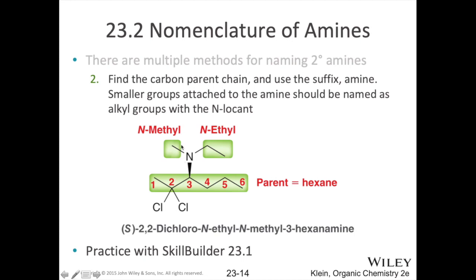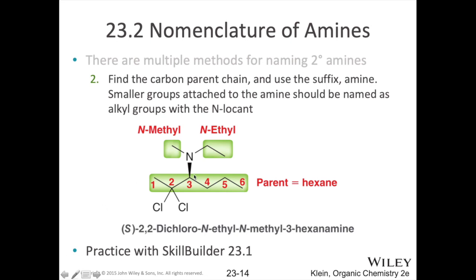The only difference now is you've got these other smaller alkyl groups on your nitrogen, and so you list them out as substituents, but the locant here is going to be an N, to show that they're attached to the nitrogen of your amino group and not to the parent chain.